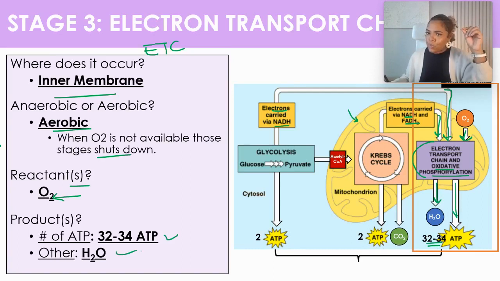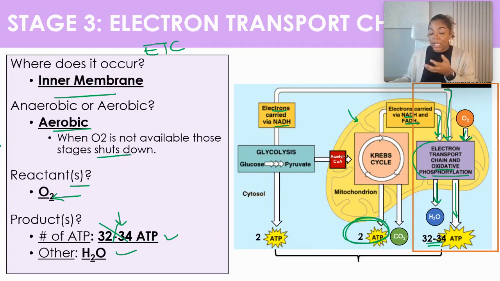This is huge. So that means the electron transport chain produces the most ATP. So that means when oxygen isn't available, there is 32 to 34 ATP that we are not getting from the electron transport chain. And also there is 2 ATP that we wouldn't be getting from the Krebs cycle when oxygen isn't available.